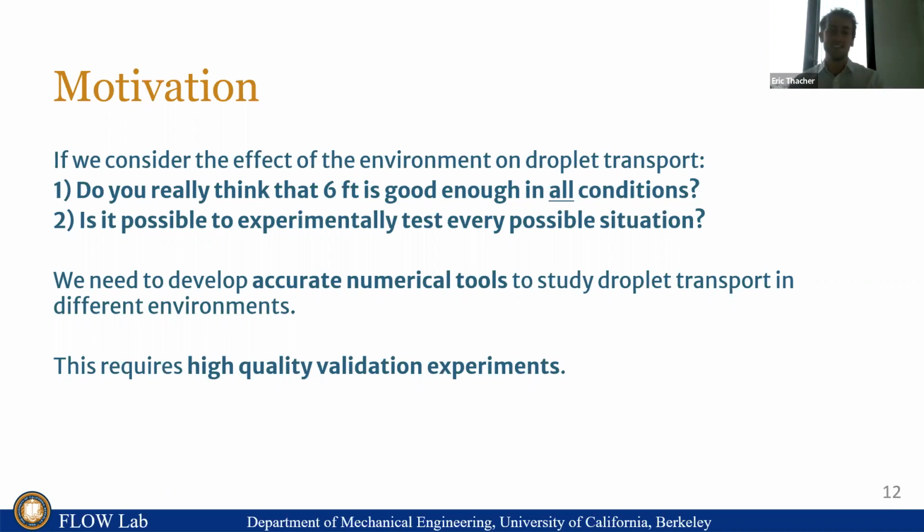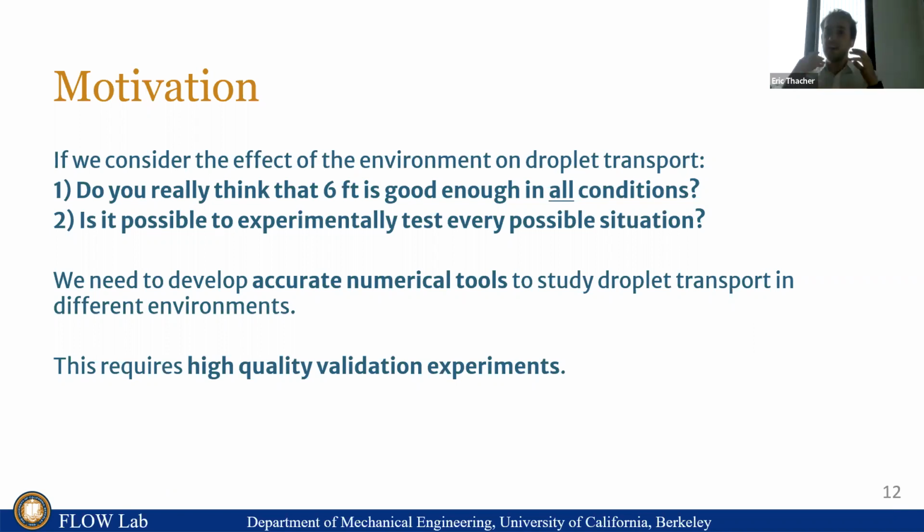And then the second question is, is it possible to experimentally test all of those situations? Definitely not. We can study some cases, but for the most part, the direction that I see this going in is that we need accurate numerical tools to study droplet transport in different environments.